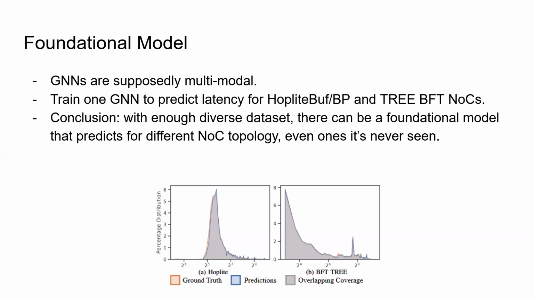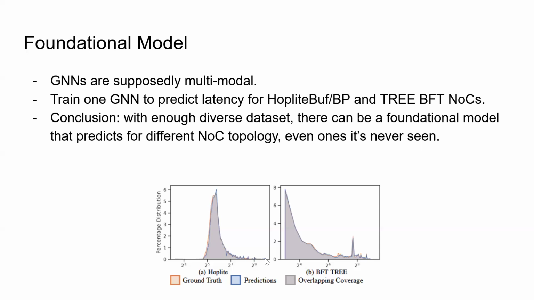But what they argued was, okay, let's train it on two types of architectures, which they argue are really different, and look at how well it predicts the latency. So this is the distribution of latency for their data set.